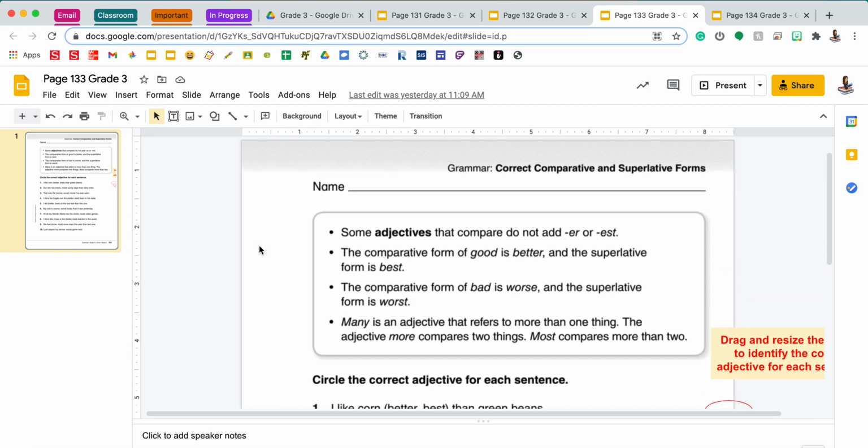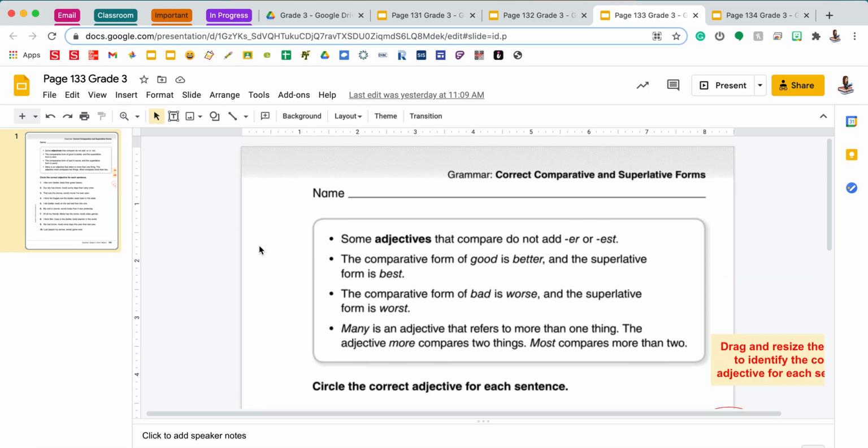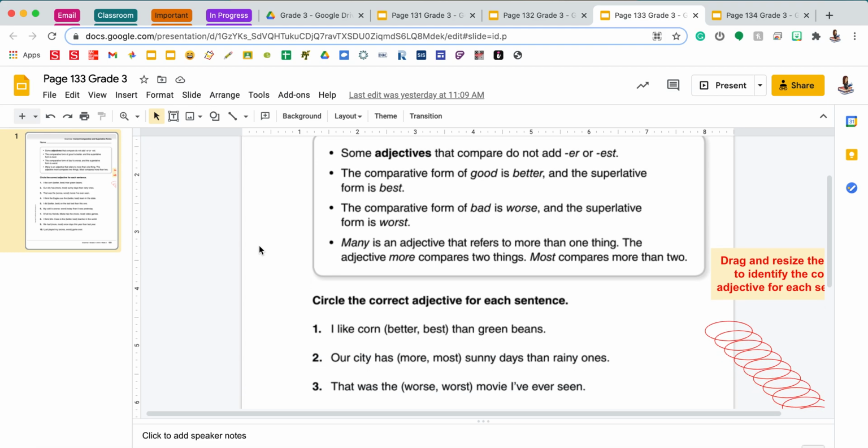Your next page is page 133, and we're looking at correct comparative and superlative forms of some words. Some adjectives that compare do not add ER or EST. The comparative form of good is better.